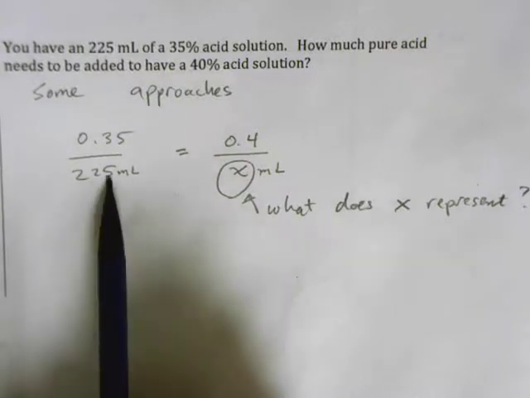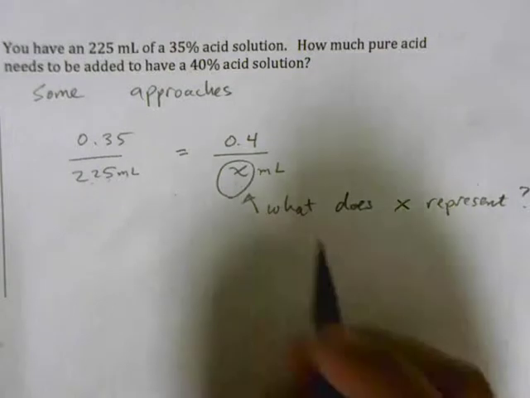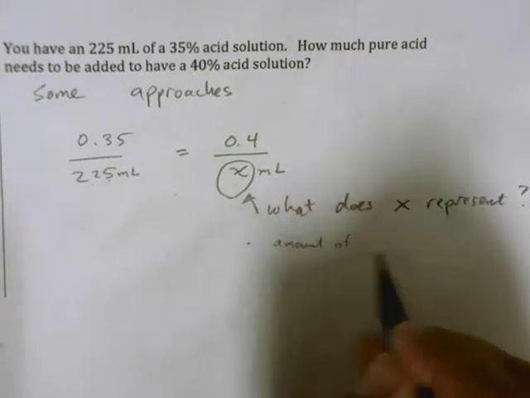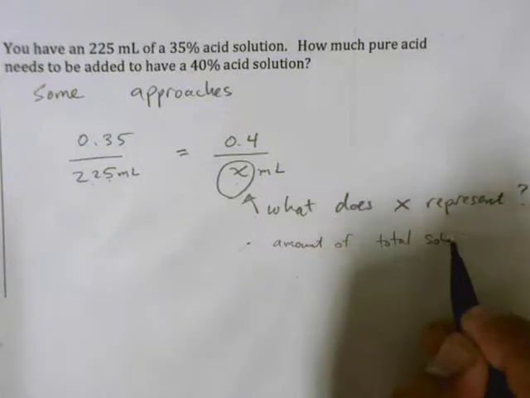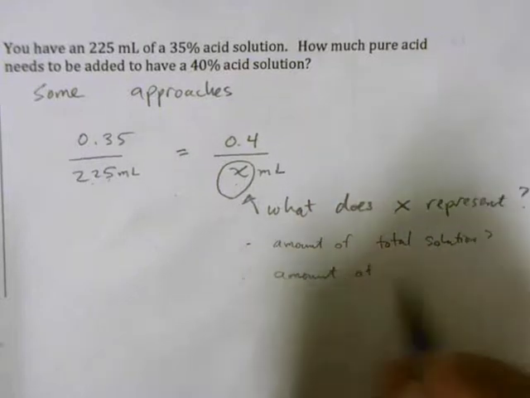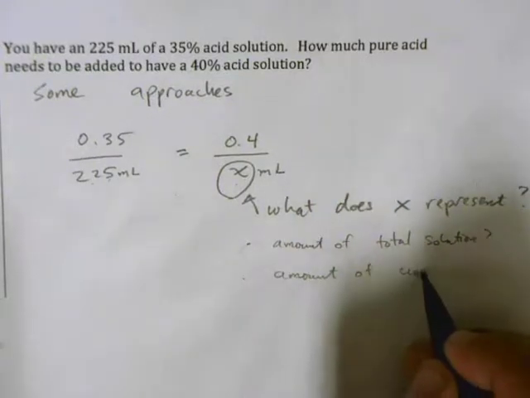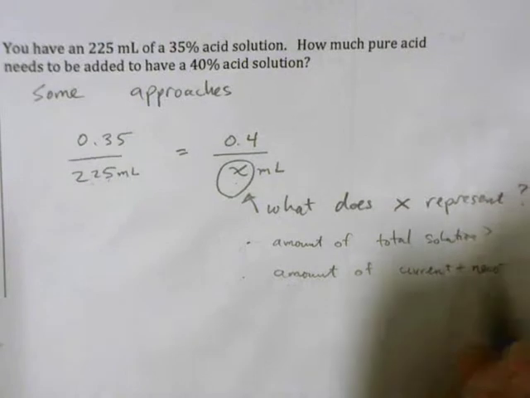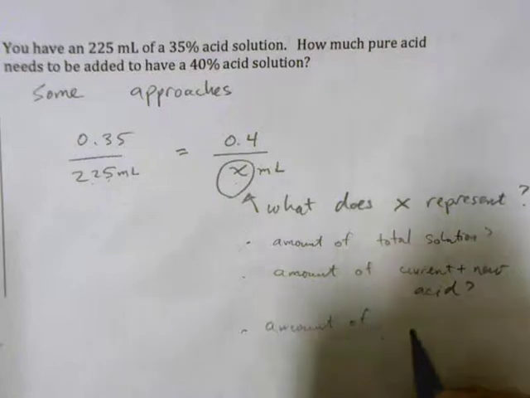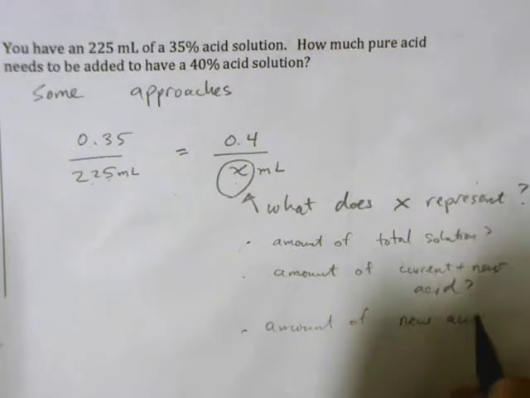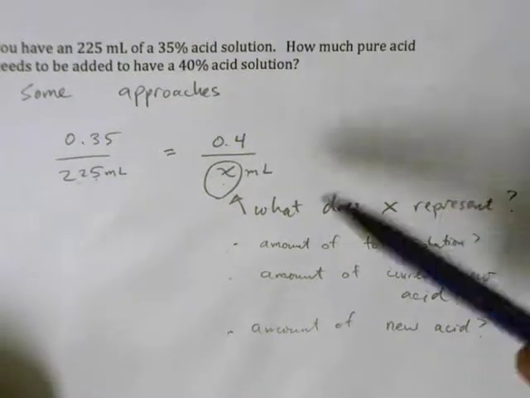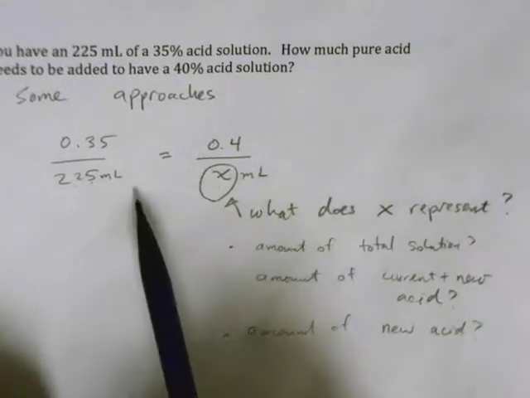You're comparing the total amount of solution to, so I have some choices here: the amount of total solution, the amount of current plus new acid, or just the amount of new acid. So if you try to set up this way, you really have to think about what this variable represents and if this equation still works.